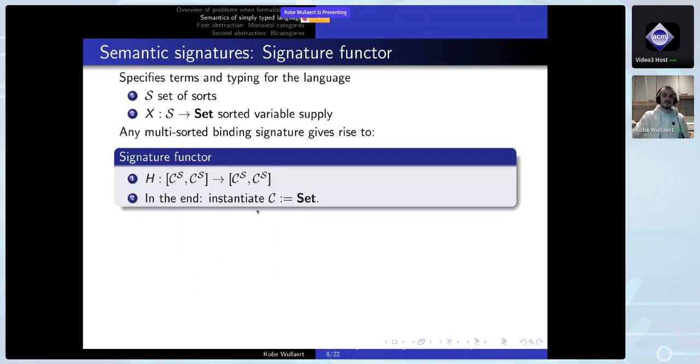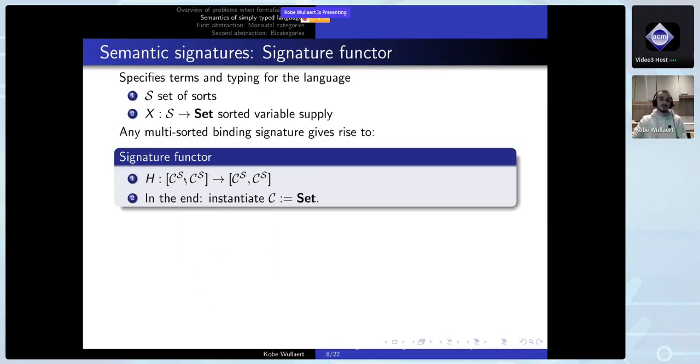And for the untyped lambda calculus, we just had a functor from the endofunctor category, from types or sets to sets. But now we also have to include our set of sorts.